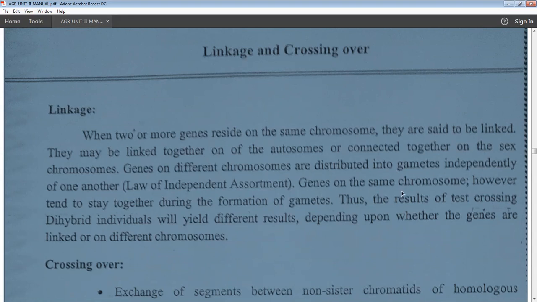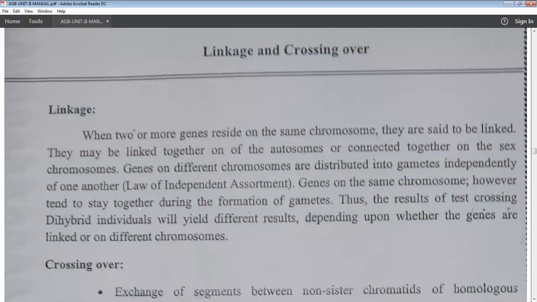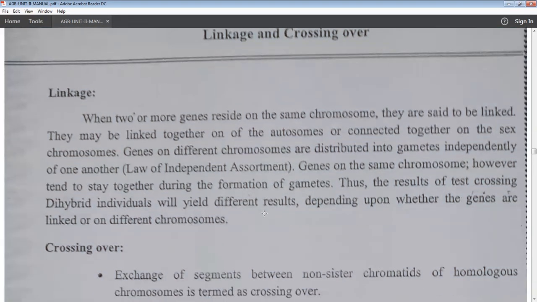The genes on the same chromosomes, however, tend to stay together during the formation of gametes. Thus the result of test crossing a dihybrid will yield different results depending upon whether the genes are linked or on different chromosomes. Okay.